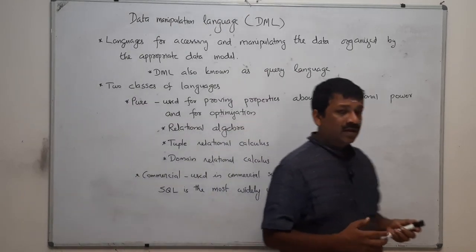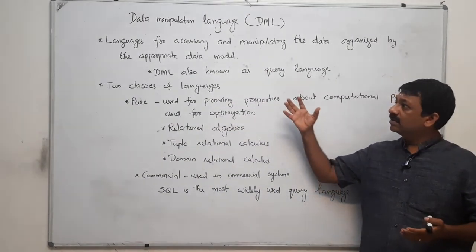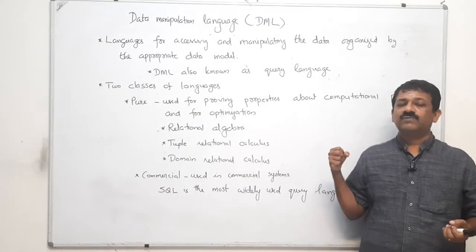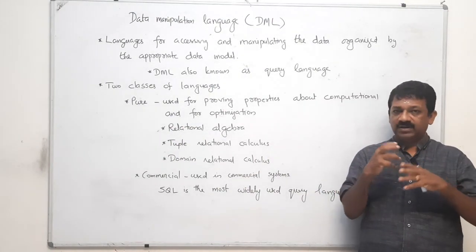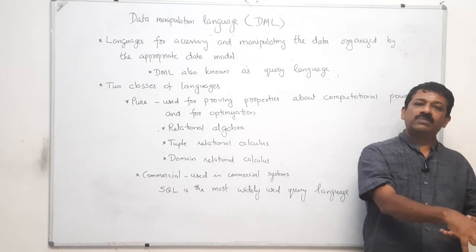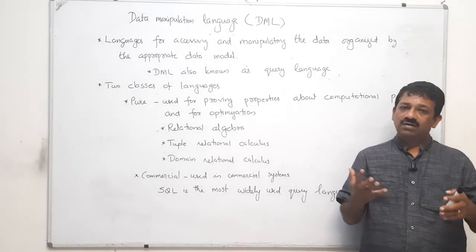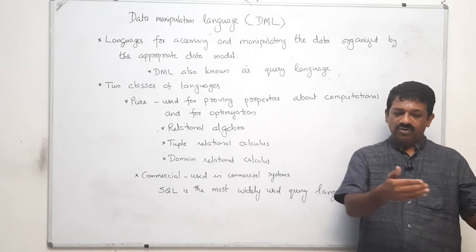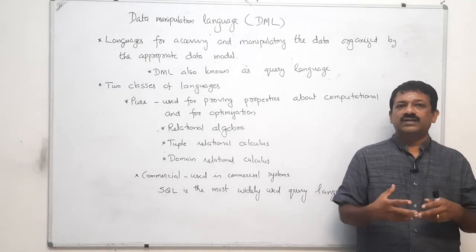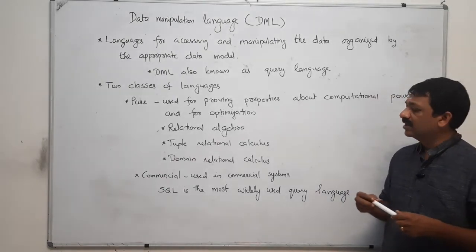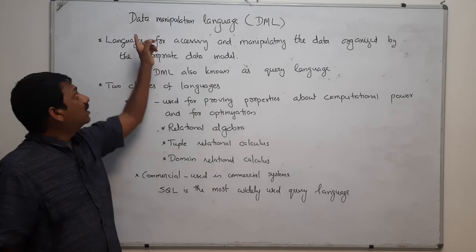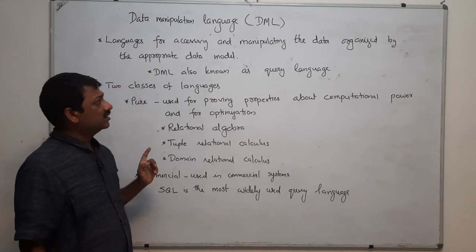This language is for retrieving data from the secondary storage device and manipulating it; then you are going to either replace it, insert new data into the table, delete data, or modify data. These are the things we can do as far as data manipulation language is concerned.